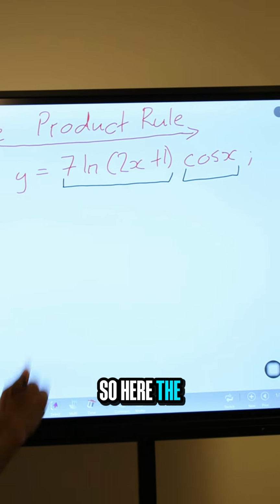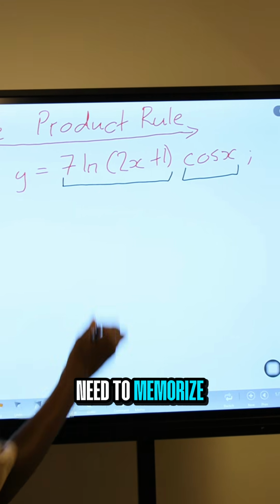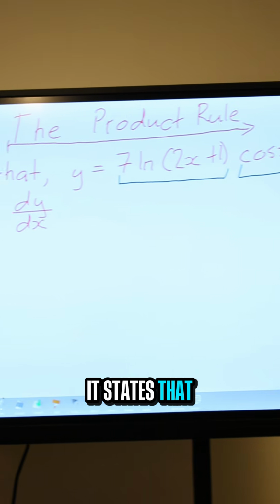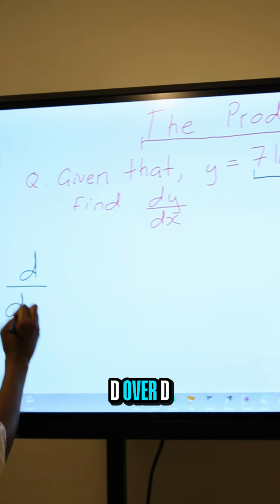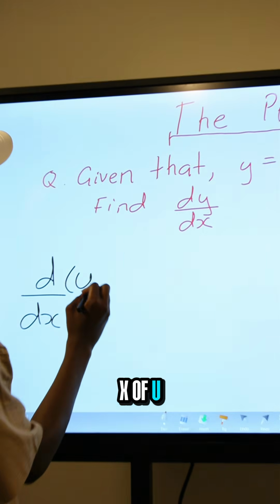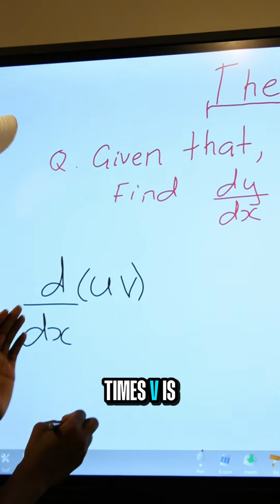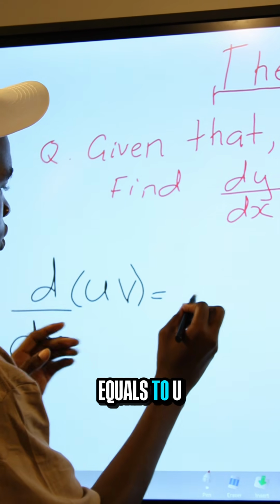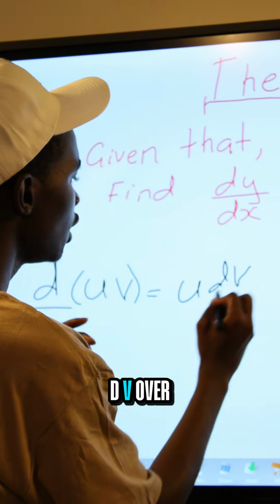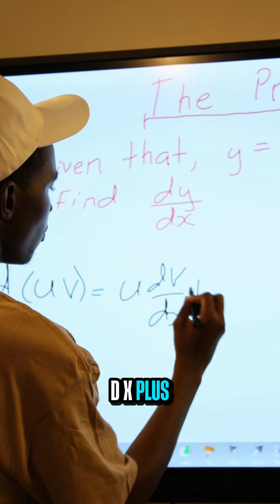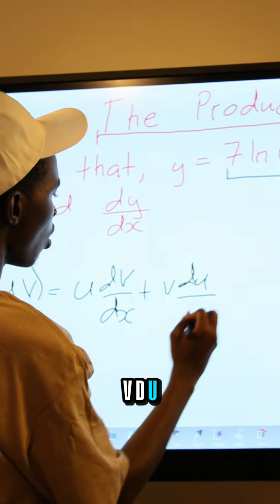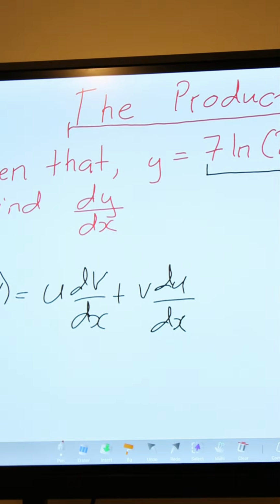So here is the formula which you need to memorize. It states that d over dx of u times v is equal to u dv over dx plus v du over dx.